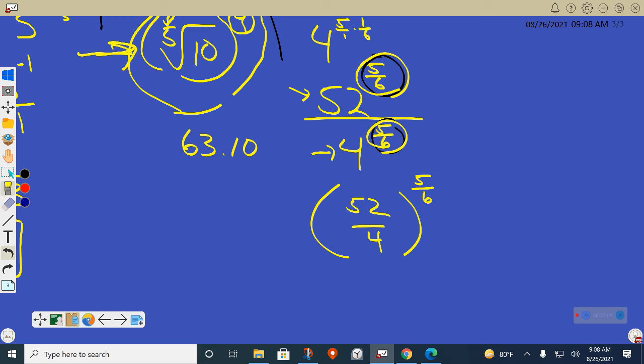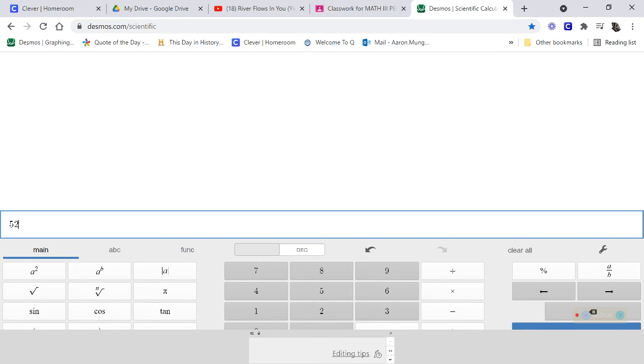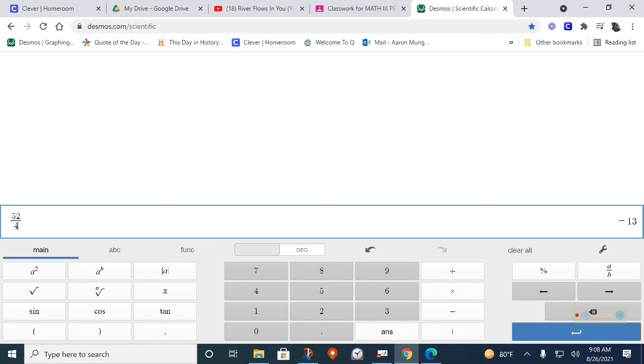So in other words, I used the 7th power property, but in reverse. So 52 divided by 4, I want to say that goes in evenly. Let me get my calculator here. It does. 52 divided by 4 is 13.